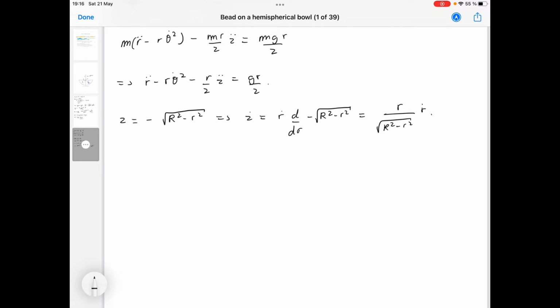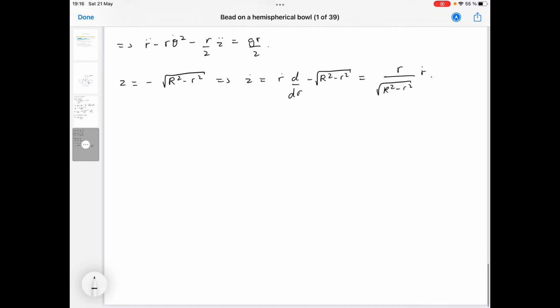And we can do a similar thing to get the acceleration. So z double dot is going to be r over the square root of R squared minus r squared times r double dot. And then we have to pull a factor of r dot and another r dot, so we'll have an r dot squared times the derivative of r over the square root of R squared minus r squared.